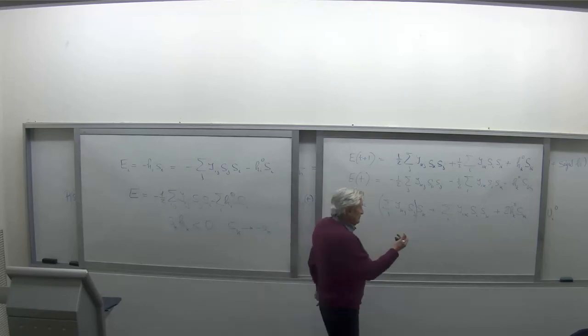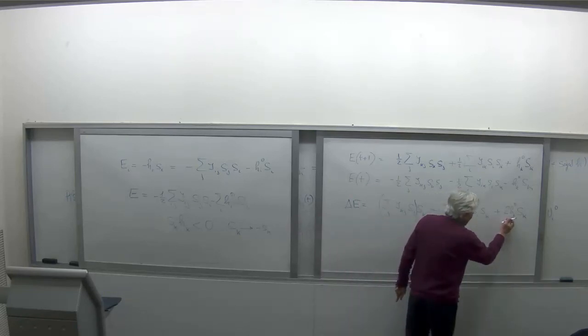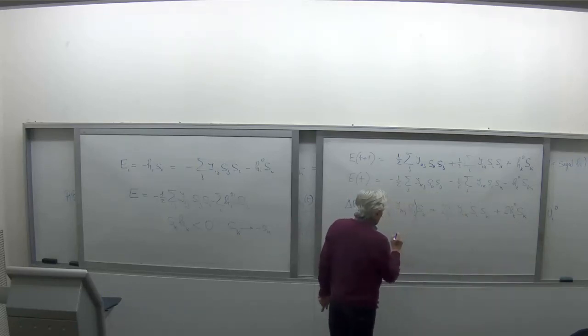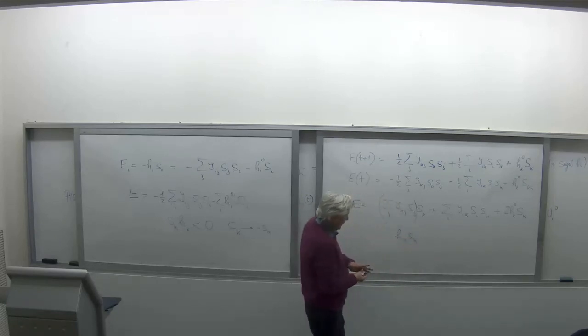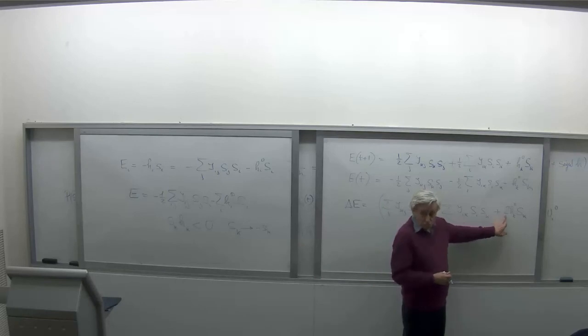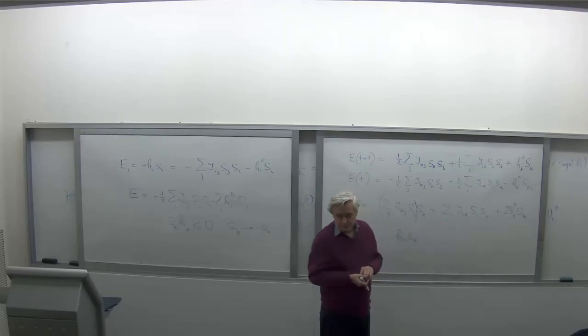So if we take this and one of these, we have here h_k s_k. What I have done is the following. You see, we have two terms, 2 h_k^0 s_k. I take one of them, take the s_k out, this plus this is s_k.